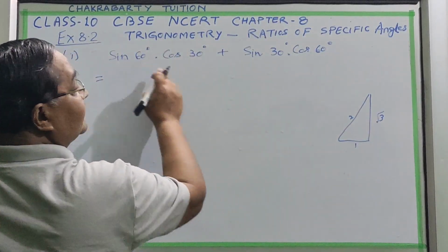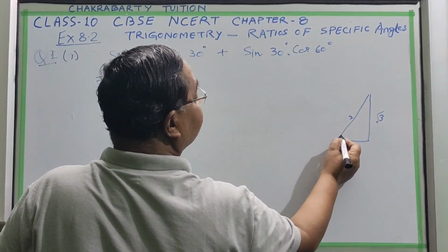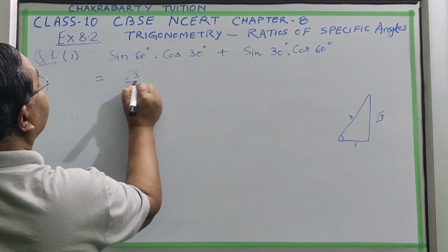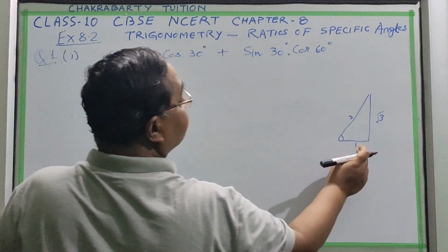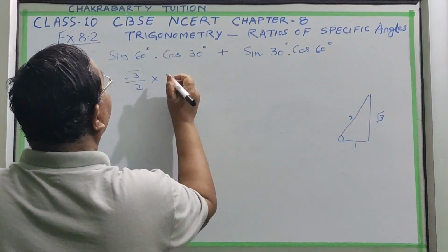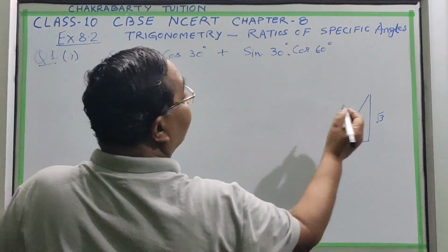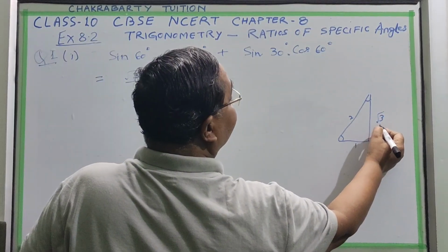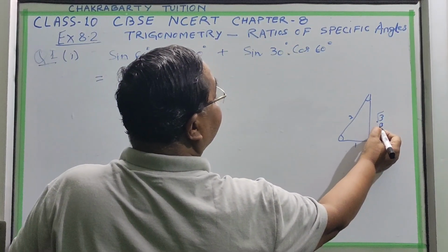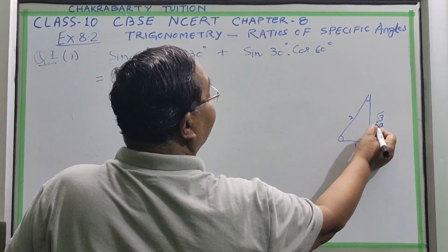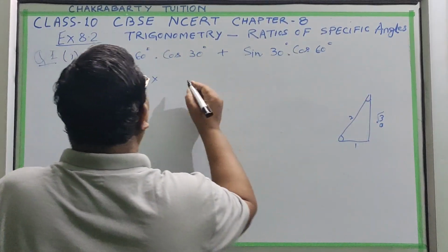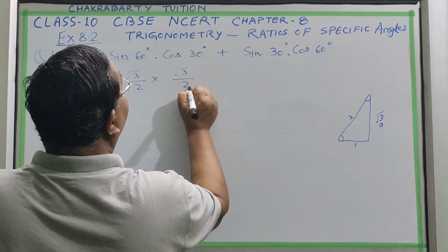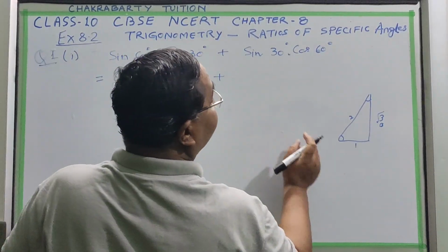So sine 60, this is your 60 degree, will be under root 3 by 2. Cos 60 will be 1 by 2. Cos 30 means from here you have to look. It is 30 degree, so it will be base, and so it will be under root 3 by 2. Plus sine 30.